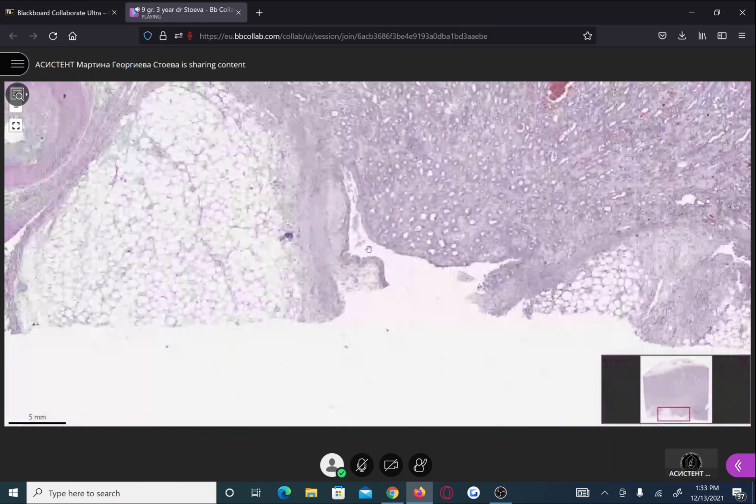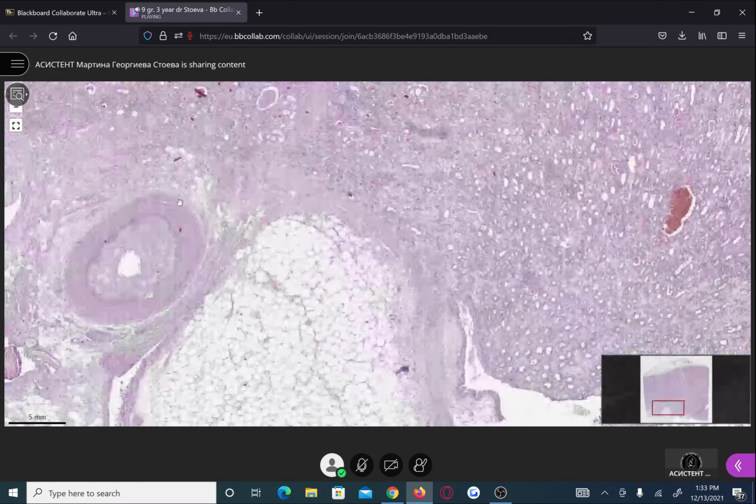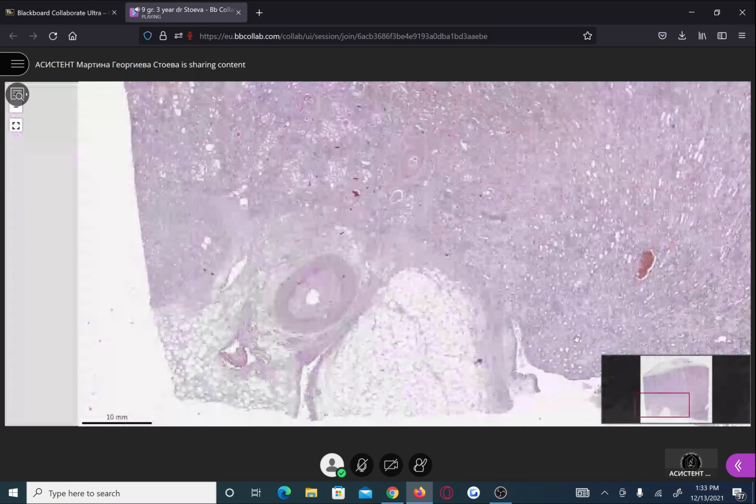You know that the calyx, pelvis, ureters, urinary bladder, and the upper 2/3 of the urethra, all of them are lined by transitional cell epithelium. There is fat tissue from the hilum, of course, and large blood vessels again from the hilum.